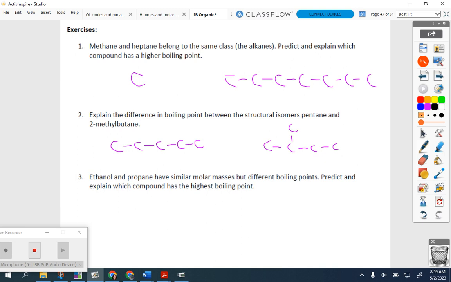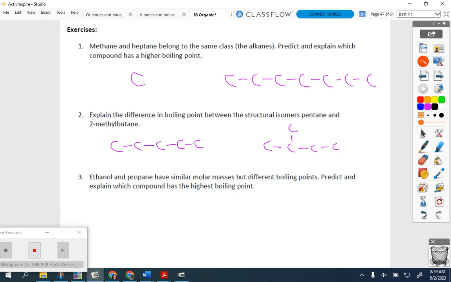So the more spherical the molecule is, the less dispersion force you're going to see, and the lower the boiling point. The straight chain pentane is going to have a higher boiling point because those dispersion forces are going to be stronger.